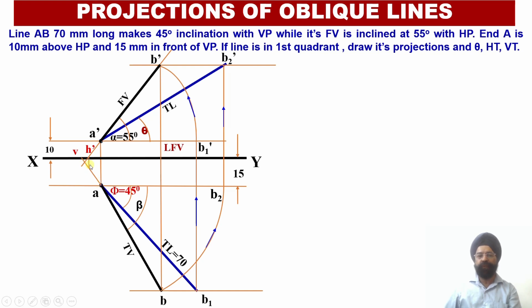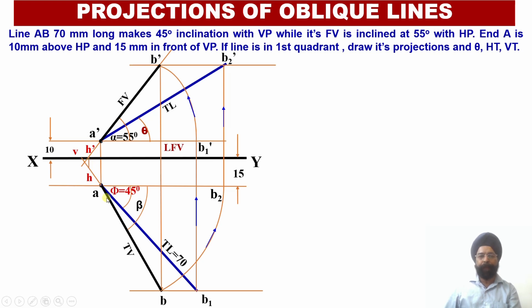Wherever this vertical projector intersects with the extension of the plan projection line, I will be able to obtain the point H. And once I measure this distance H dash H, I will be able to obtain the horizontal trace of the line. So this measurement of the distance H dash H will provide me the horizontal trace of a line.